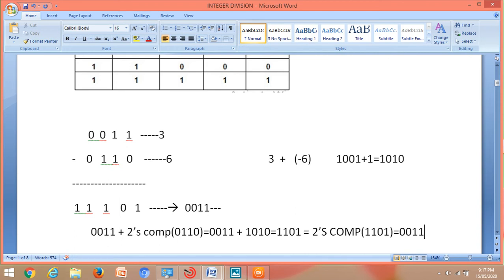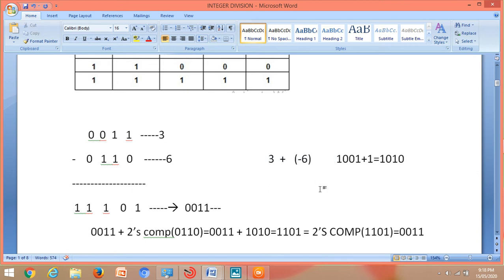If you are confused with the first way, that is the table way, just take 3, just take 6, take the table, follow the table, do the subtraction. Another method is what? Treat 3 minus 6 as 3 plus minus 6 and then take 2's complement.